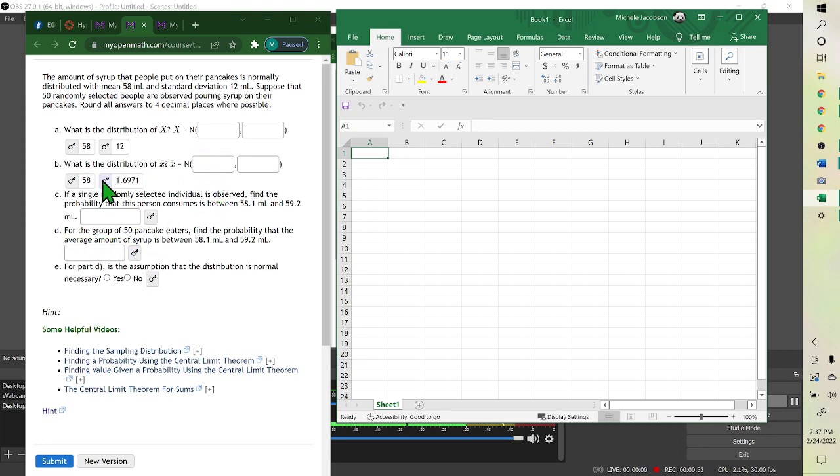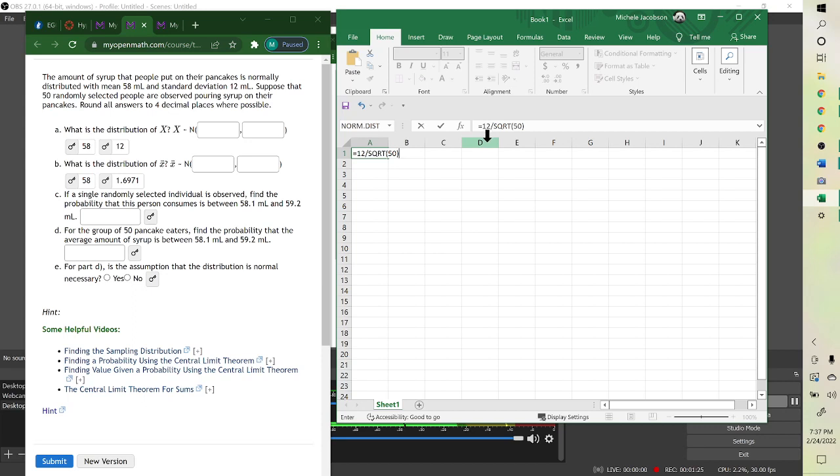Then your mean is still the same, 58, but the standard deviation, if we come over here, equals the 12, the original standard deviation, divided by, and then type SQ because we want square root of n, and n was 50.